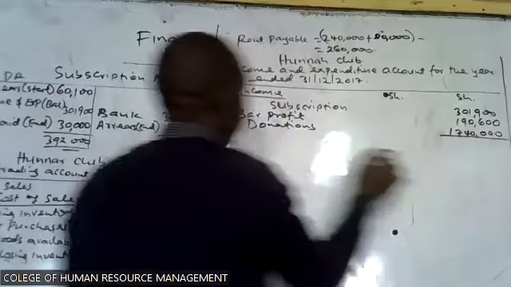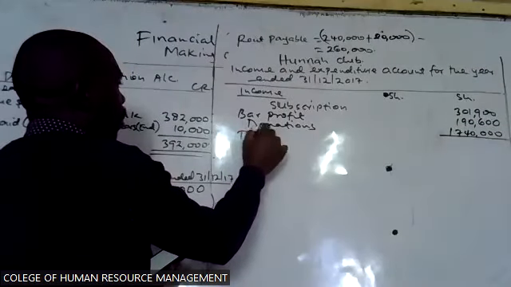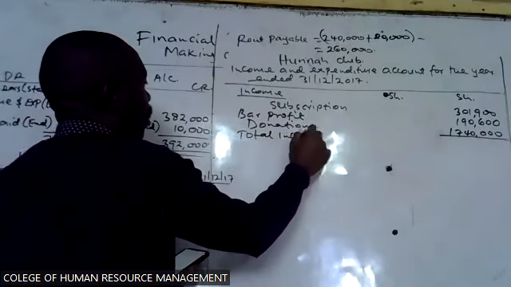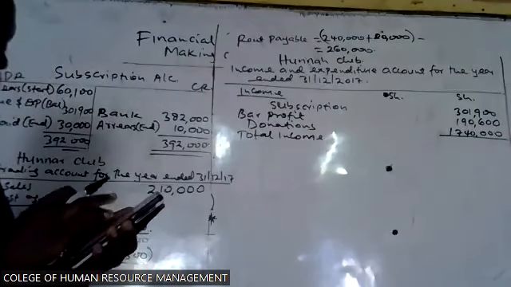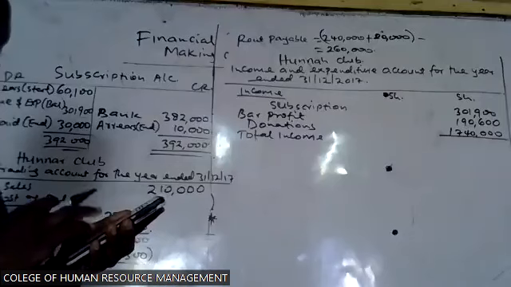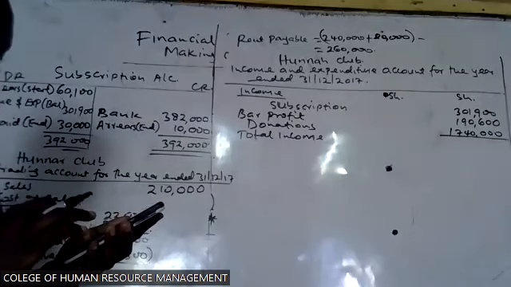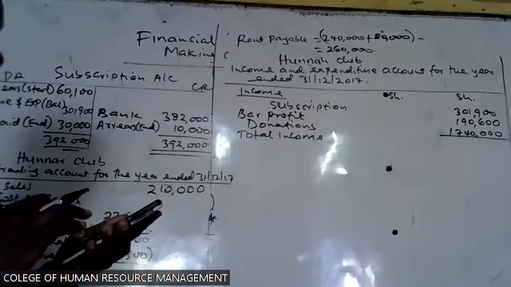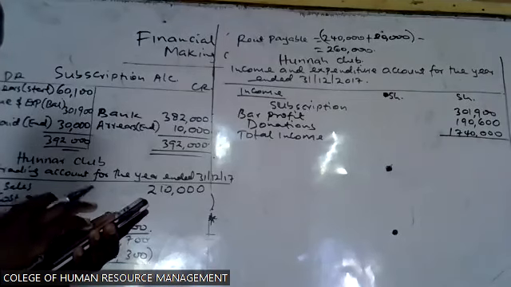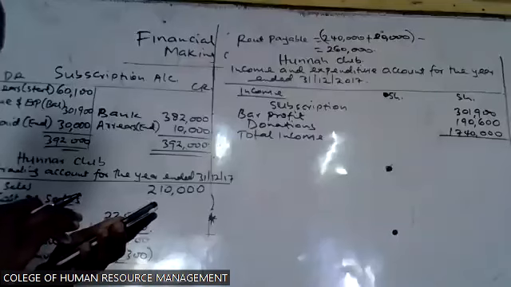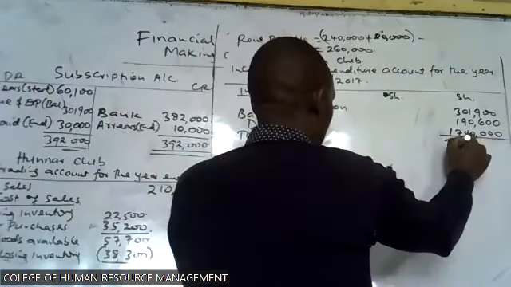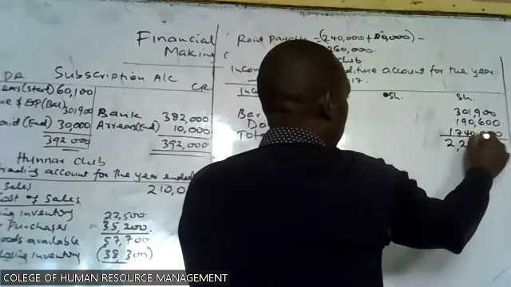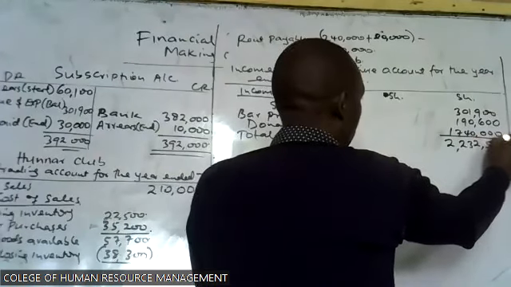That one will give us the total income. 301,900 plus 190,600 plus 1,740,000. We get total income is 232,500.